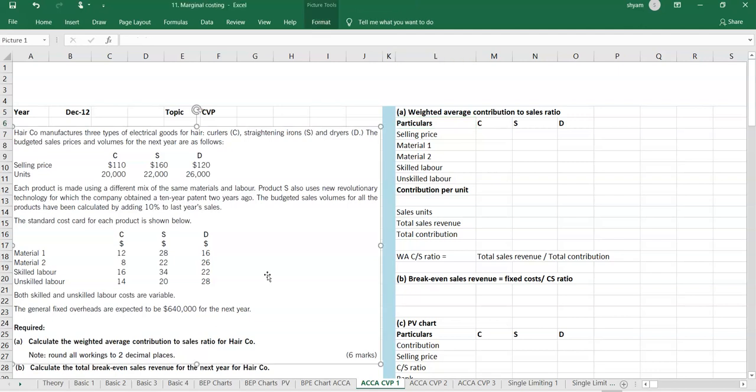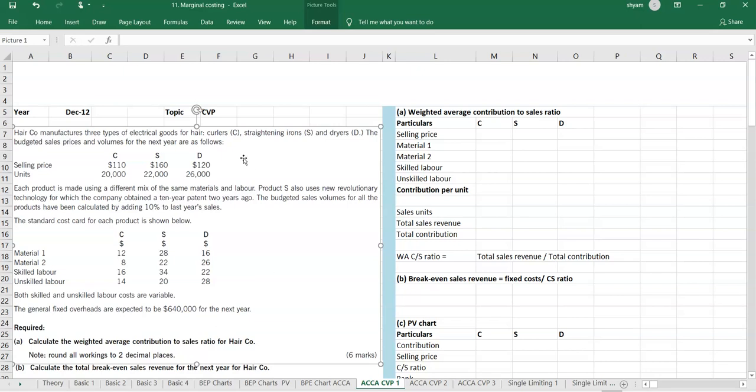So till now we have been looking at the break-even point for a single product. So now we look at the break-even point when multiple products are given. So the formula that we have been using till now has to be changed a little bit, and then we have to find out an answer.